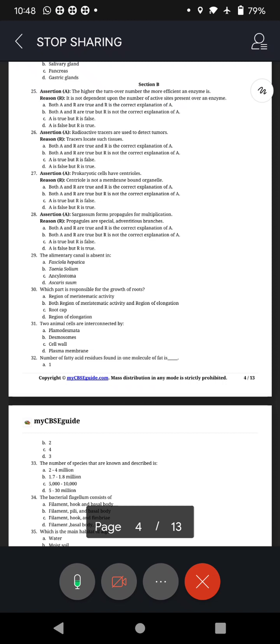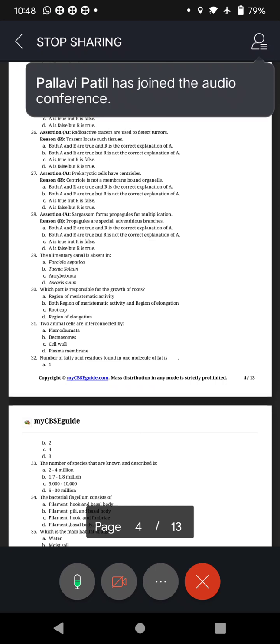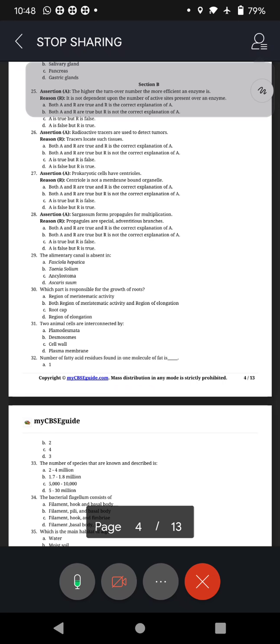We move on to question number 29. The alimentary canal is absent in A. Fasciola hepatica, Taenia solium, and cyclostoma, Ascaris.